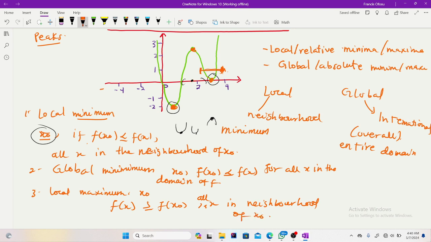So for this one, we're trying to say that if you find the functional value of x naught, it should always be greater than or equal to the functional value of an arbitrary x, where x is in the neighborhood of x naught.